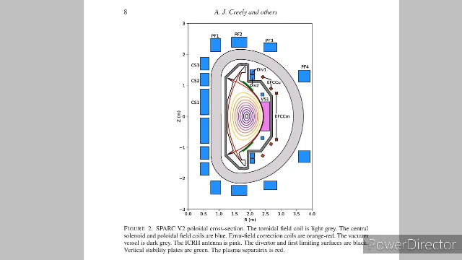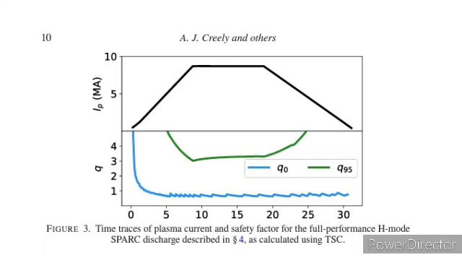In addition to the time-independent equilibrium shown in Figure 2, time-dependent scenarios have been developed using TSC. Plasma current and safety factor time traces generated with TSC for the full performance H-mode discharge are shown in Figure 3.